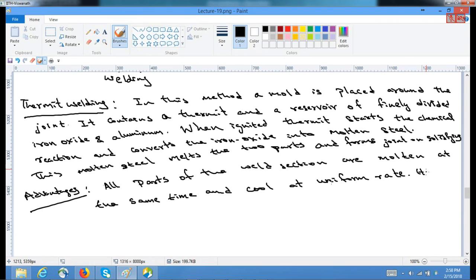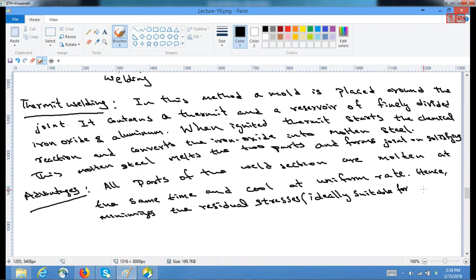Hence, it minimizes the residual stresses, and hence is ideally suited for assemblies.